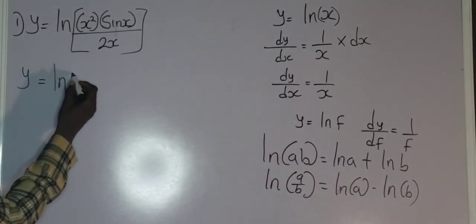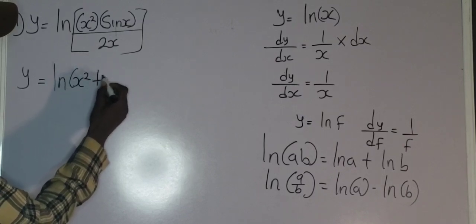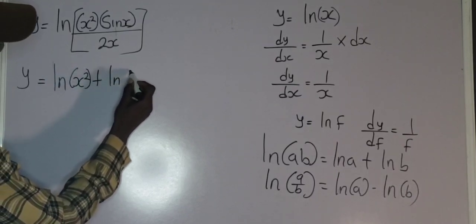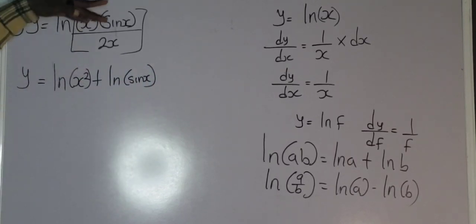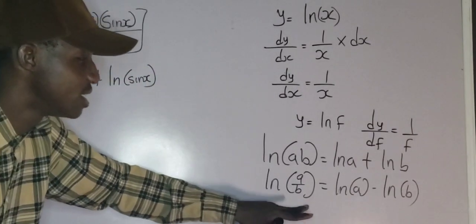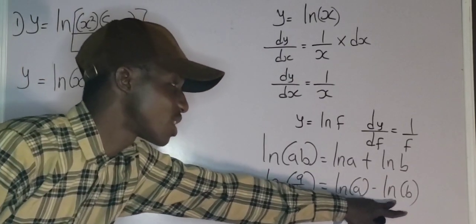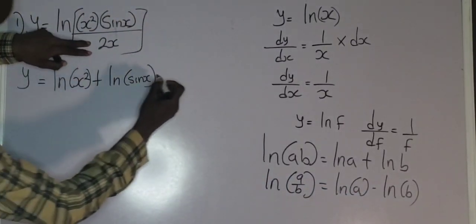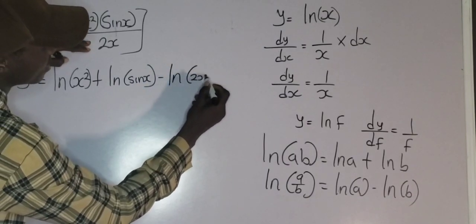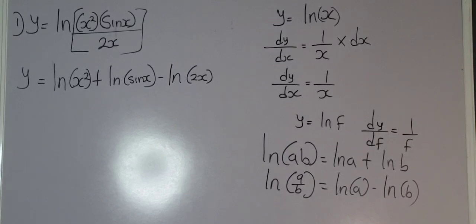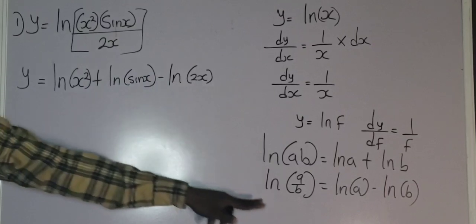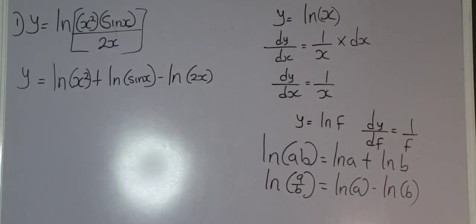So I'm going to have ln x squared plus ln sine x. And if we have a natural log of a over b, that is the natural log of a minus the natural log of b. So I'm going to have minus ln 2x. Do you understand how I got minus ln 2x? Because 2x is in the denominator of the function, so it takes a minus sign according to this rule. Now I have decomposed this function.